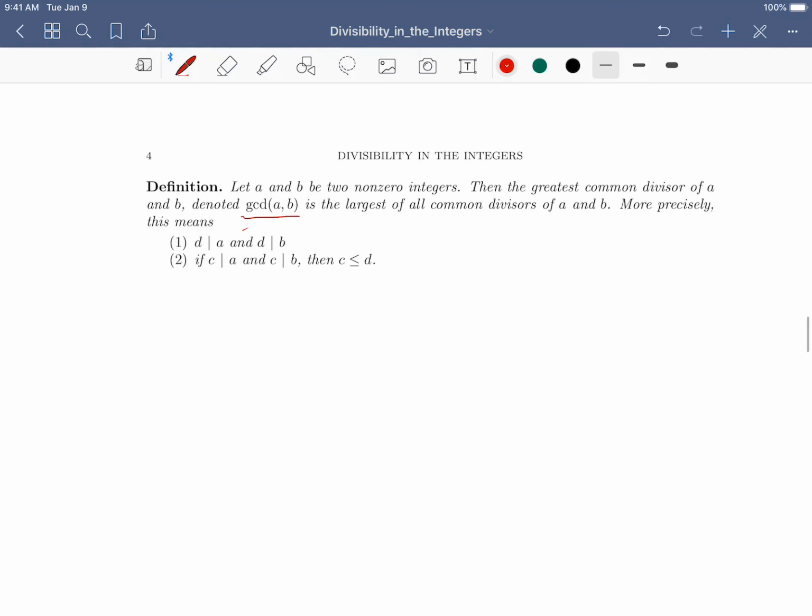When we say it's the largest of all common divisors, there are two things we're saying. First of all, that d is a divisor of both a and b, so d is a common divisor. And then the second part is how we mathematically write down the fact that it's the largest. We say if c is another one, if c is a common divisor of a and b, then d is biggest.